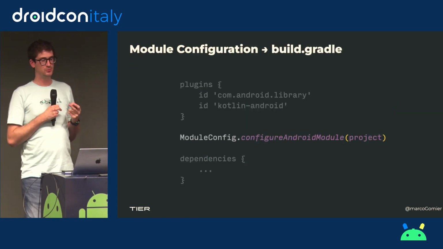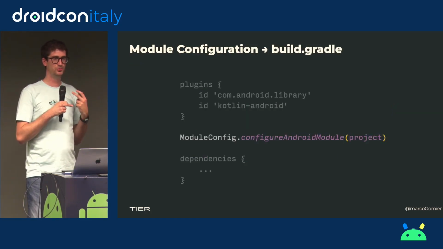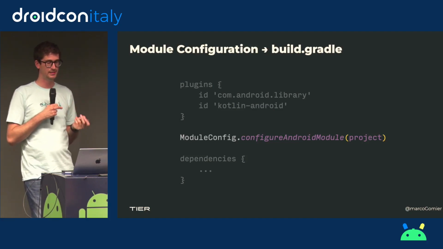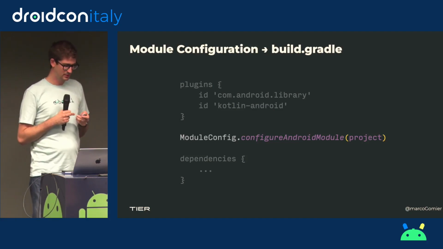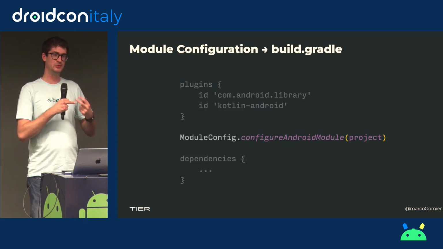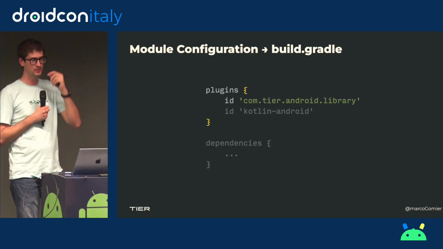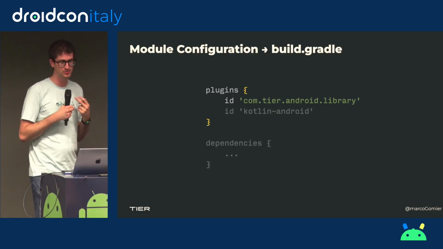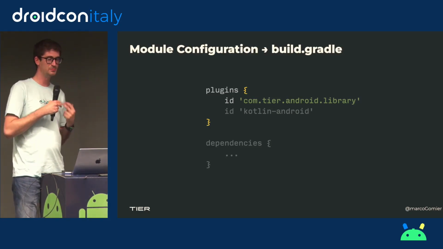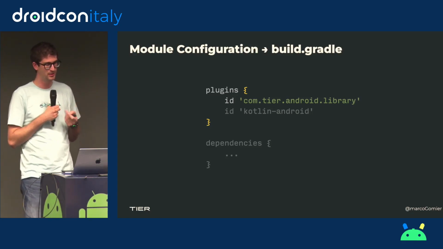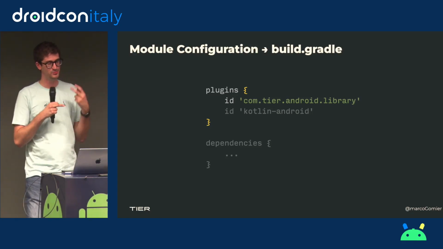So we have a function that we can call on every module in order to set up automatically the stuff that we want. It's working, but in the long run we would move to Gradle convention plugins, because it's more beautiful than having the buildSrc folder. So this will be the future.